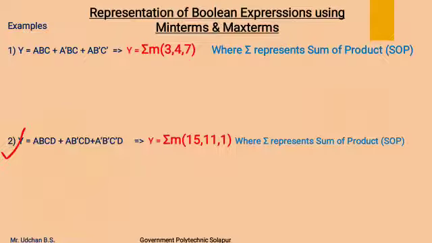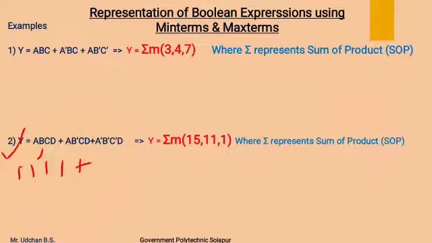Again write the binary values for the product terms in the given equation. For this the binary values will be: a is a normal variable, so I will write 1, b is normal 1, c is normal 1, d is normal 1.